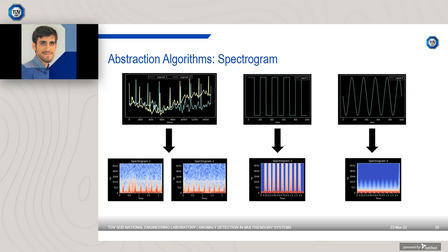I would suggest doing some exploratory data analysis before building any model to check which data representation is more useful for your specific problem. There may be different configurations for your short-term Fourier transform, and it requires trial and error to see which one suits you best.